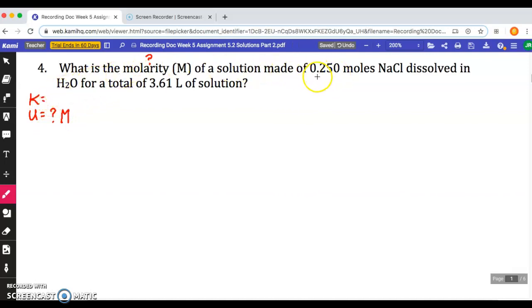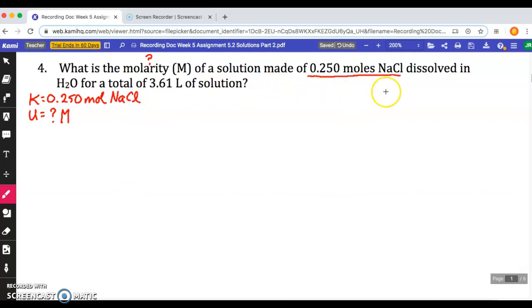Of a solution made of 0.250 moles of sodium chloride. Usually, the ones that are known are the ones with a numerical value. Okay, so we can write that down, 0.250 moles. Shorthand for mole is just MOL, just don't even bother putting the E, of sodium chloride.